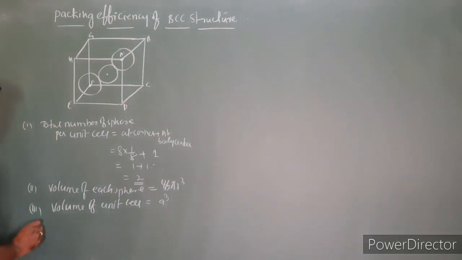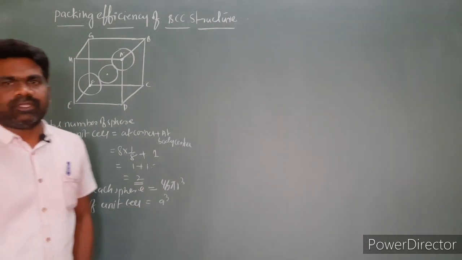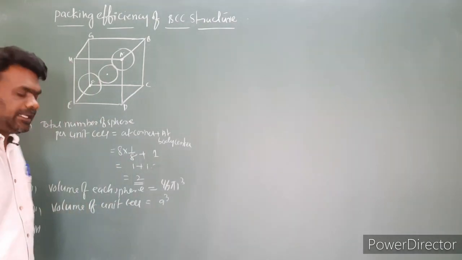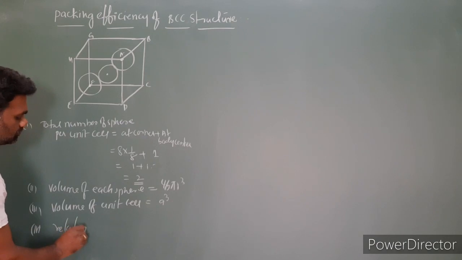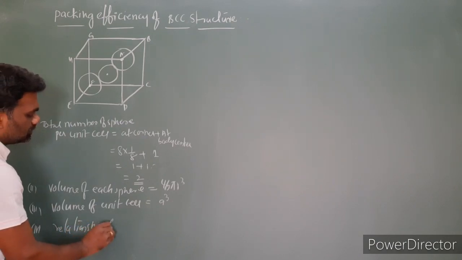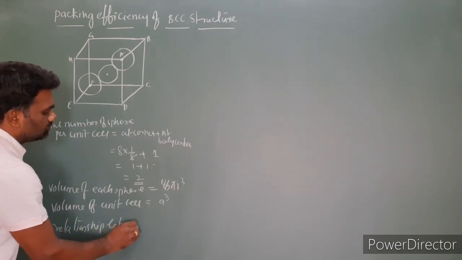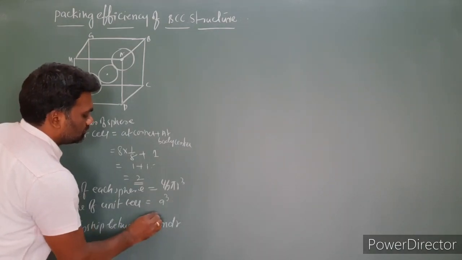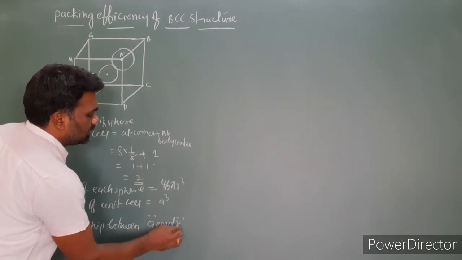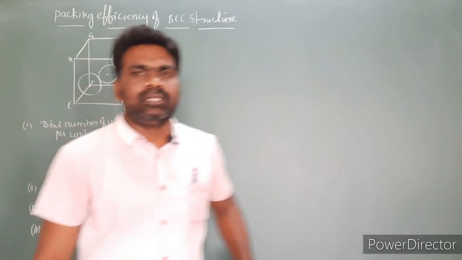And the fourth one, we have to write a relationship between the edge length a and the radius of sphere r.